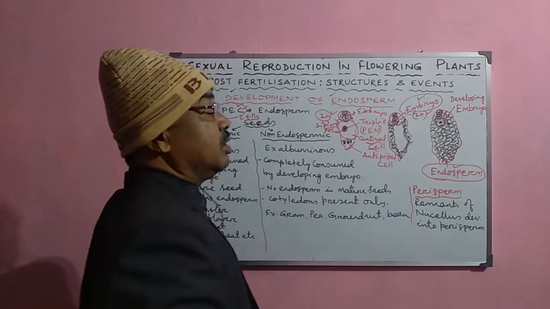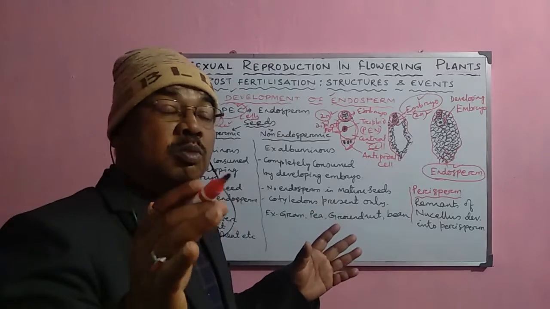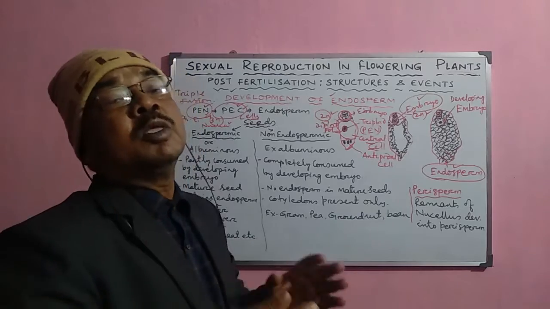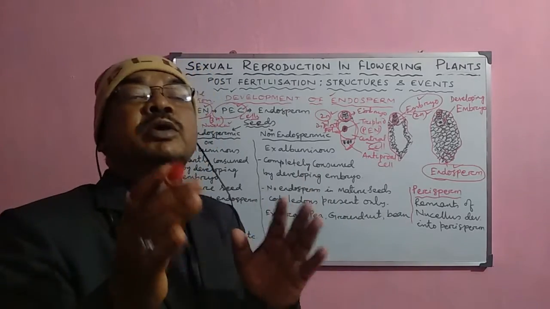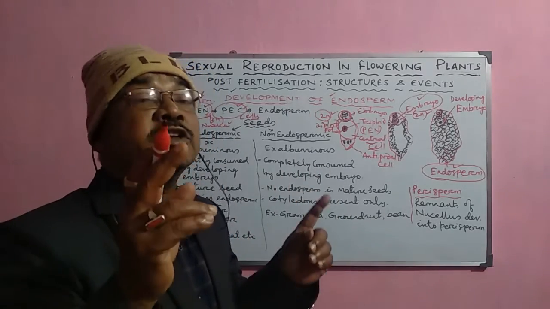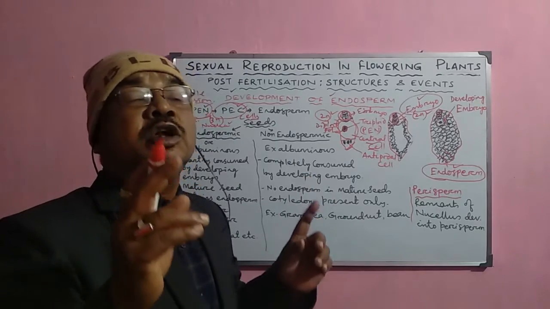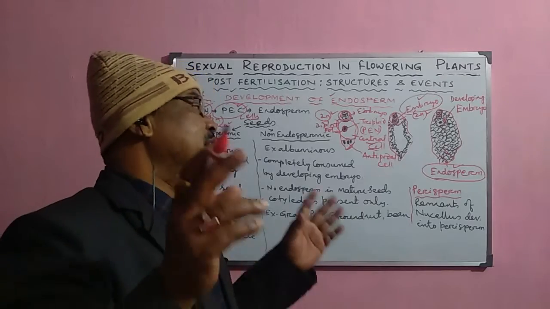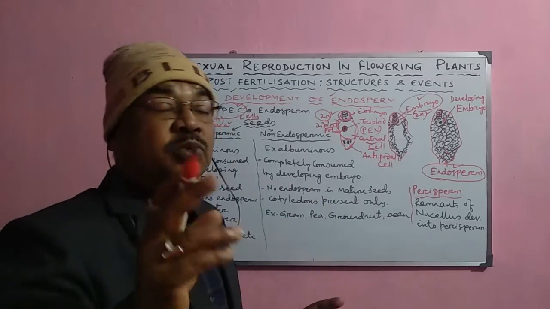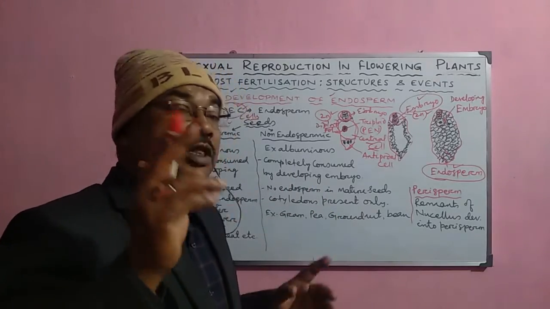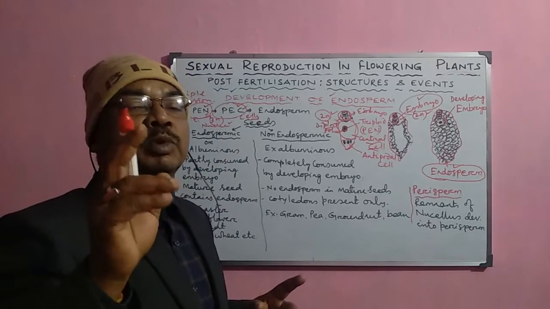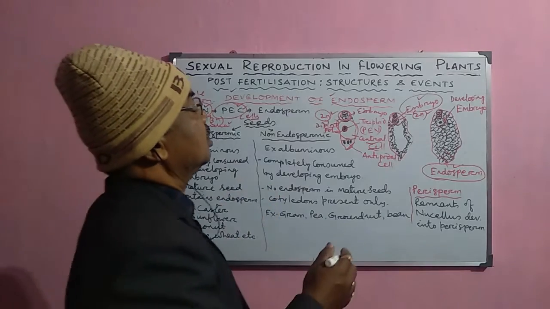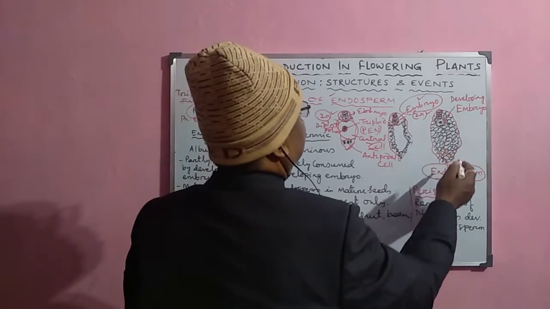This complete endosperm is formed before the formation of the embryo, because whenever the embryo starts development, it needs nourishment, and all the nutrients are normally supplied by the endosperm. So the endosperm forms first, and only then does the development of the embryo start, because it has to receive all the nutrients from the endosperm.